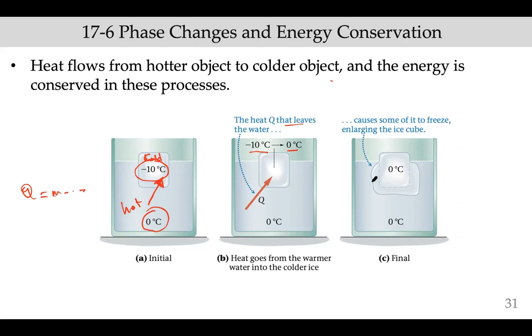So what happens is, this water was at 0 degrees, and it lost some of its heat to this ice to raise its temperature from negative 10 to 0. Now, what happens if you take some energy from water at 0 degrees?